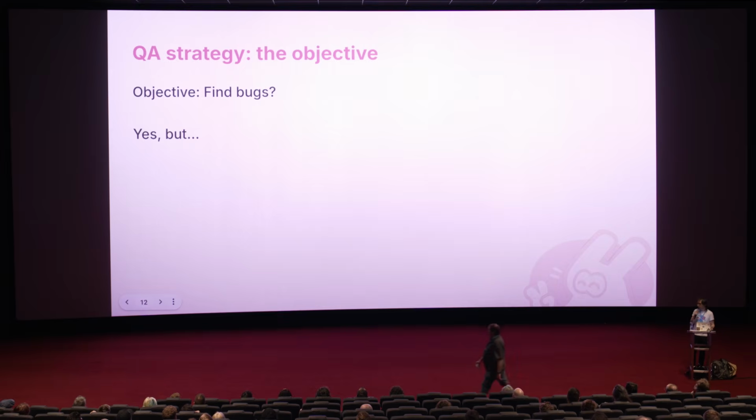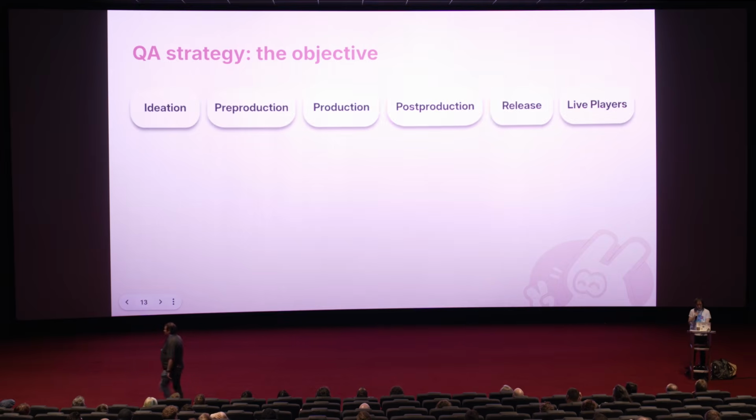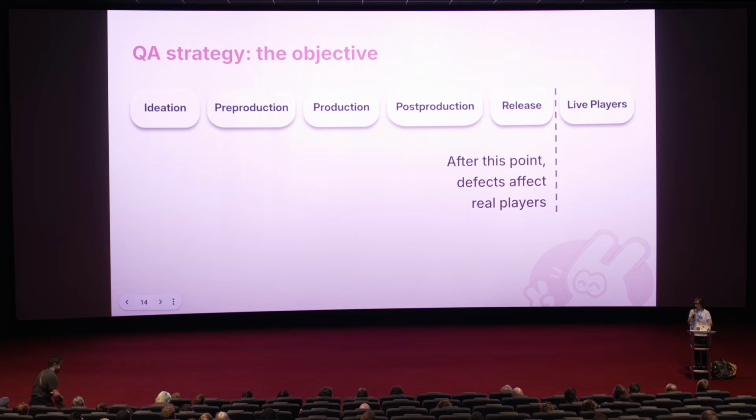You might say that the goal is to find bugs, right? But we can dig a bit deeper. Looking at this, you can see that there's a point in the life cycle where it's different. If you find a bug after the release, it's going to be different because it affects real players. They can give a bad review or it can bring bad publicity, and that affects the sales that you're going to make.